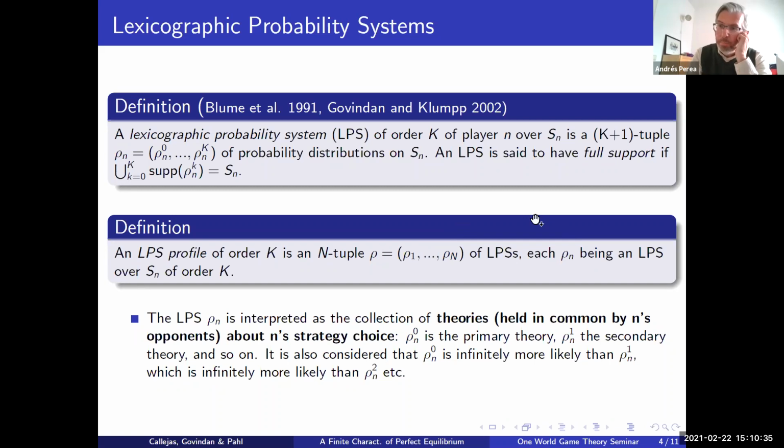Because if the supports may overlap, then it's not that these theories are perfectly complementary. Yeah, yeah. So in this sense, that's fine. I'm still introducing the classical definition of it. But you're right, there's not going to be this assumption of disjoint supports between them.